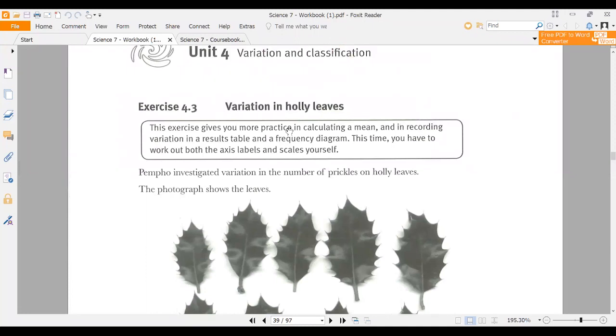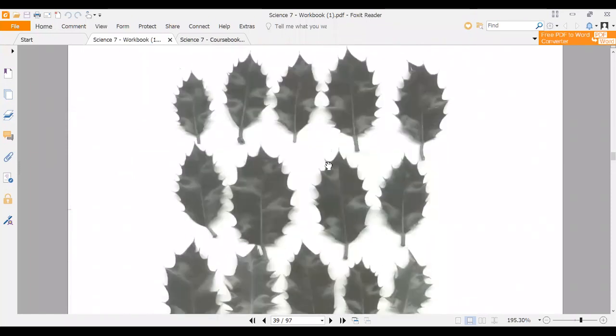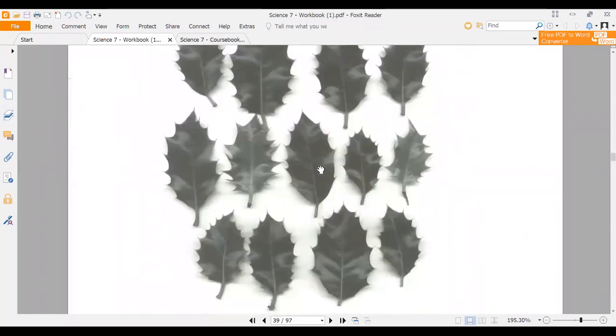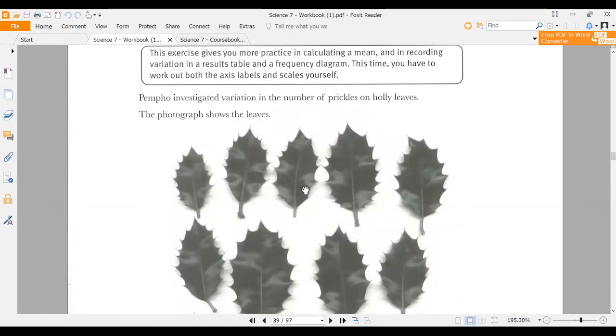There is the variation in holly leaves, okay? Now, 18 leaves of the holly tree have been collected, and what you are going to do is count the number of prickles. Prickles are these spikes in here. These are called prickles, okay?